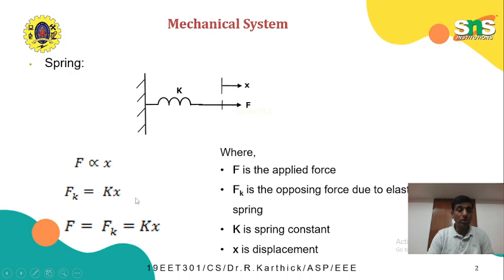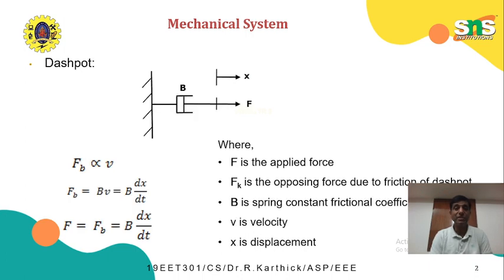Fk is the opposing force due to the spring K. By applying Newton's law, we get F is equal to Fk, which is Kx, where F is the applied force, Fk is the opposing force due to the elasticity of the spring, K is the spring constant, and x is the displacement.